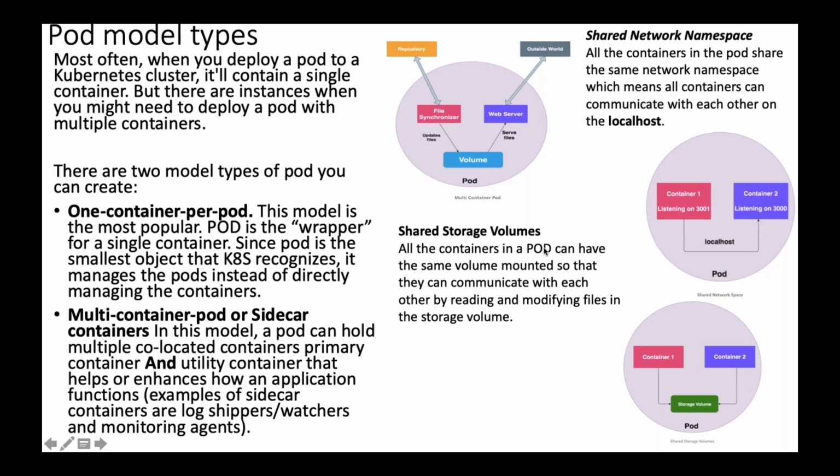So all the containers in the pod can have the same volume mounted, so that they can communicate with each other by reading and modifying values in the storage. And also, what is common? Again, network. Sometimes in the interview they'll ask this question, guys.